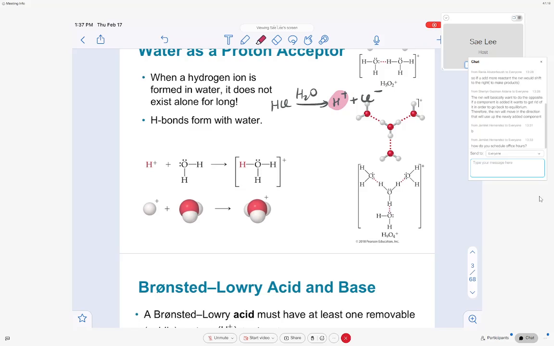The hydrogen ion is going to immediately interact with other water molecules in the system, and it's going to form the hydronium ion. You see how this proton quickly reacts with other water in the system, and this is hydronium, H3O plus.